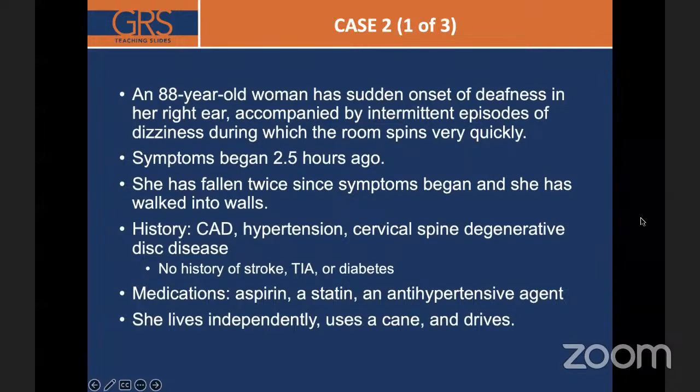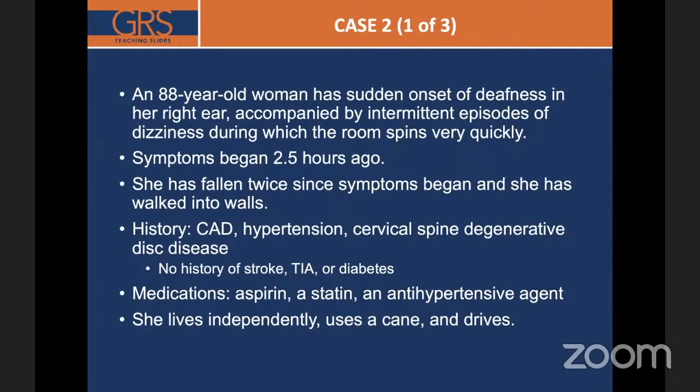All right, so the second case is an 88-year-old woman who has sudden onset of deafness in her right ear, accompanied by intermittent episodes of dizziness, during which the room spins very quickly. Symptoms began 2.5 hours ago. She has fallen twice since symptoms began, and she has walked into walls.